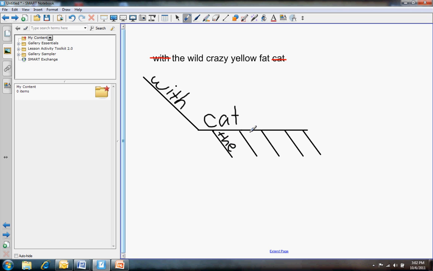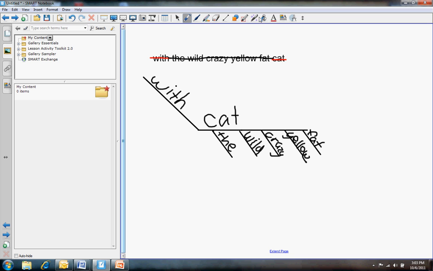The, wild, crazy, yellow, my line a little bit longer, and fat. Okay, now we are done. We have diagrammed everything within this prepositional phrase.